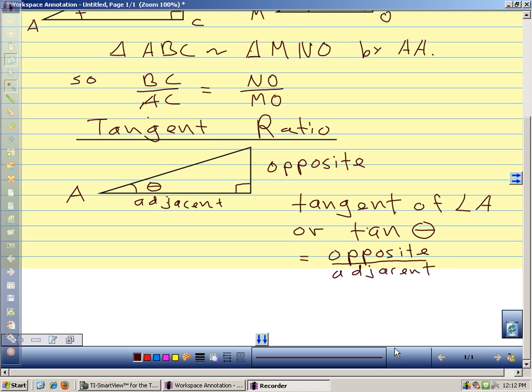So this is how we define our tangent ratio. It's the opposite side over the adjacent side.